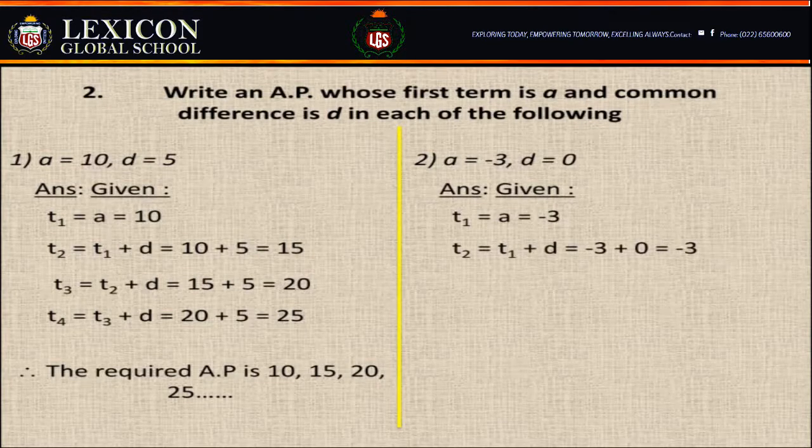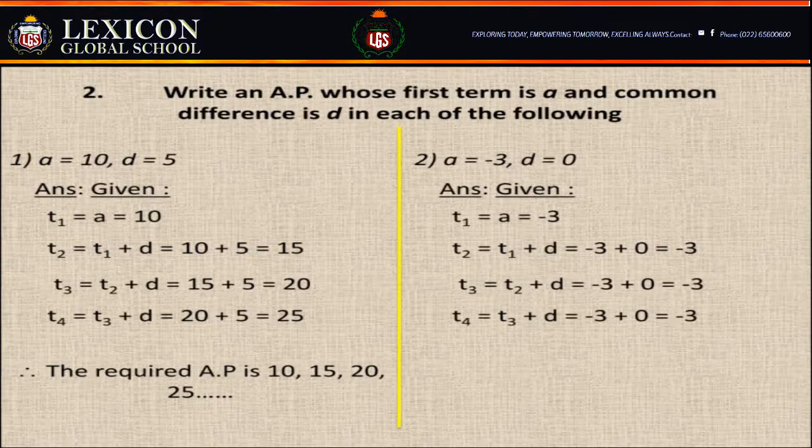T1 plus D, that means minus 3 plus 0 equals minus 3. T3, T2 plus D, that means minus 3 plus 0 equals minus 3. T4, T3 plus D, that means minus 3 plus 0 equals minus 3.